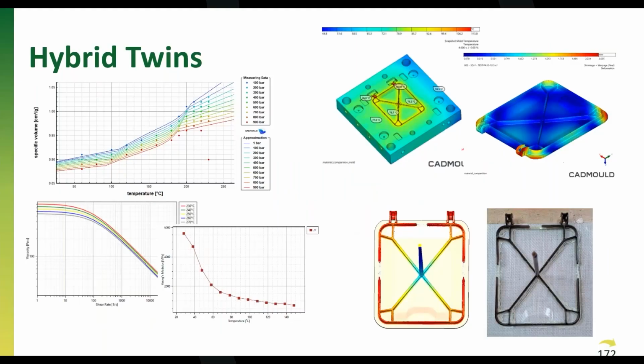So on the project, we can see on the left here graphs that were created thanks to characterization done by the partners. So we have PVTs, we have tensile stress versus temperature or viscosity curves here.